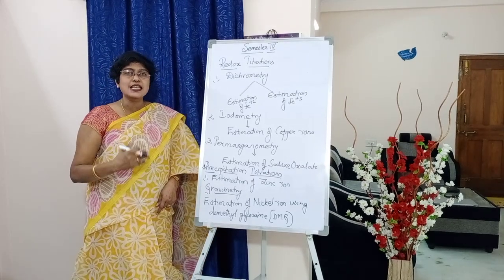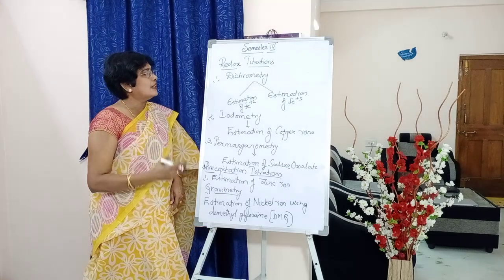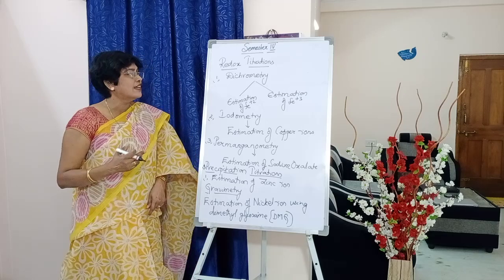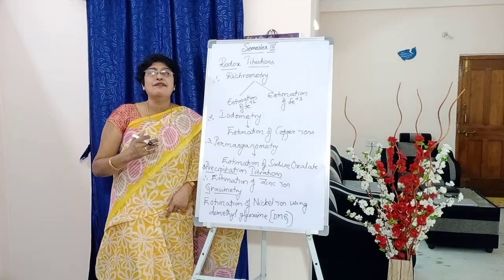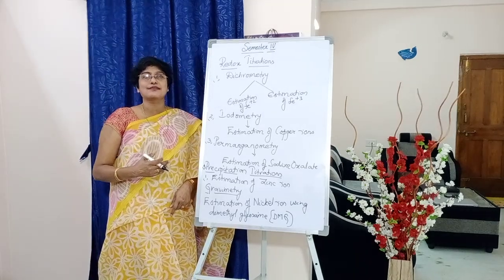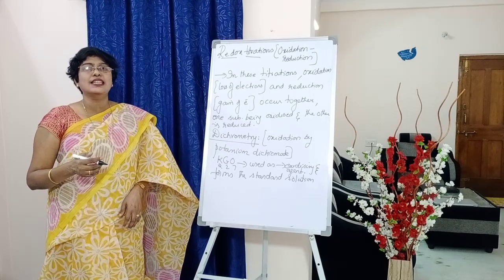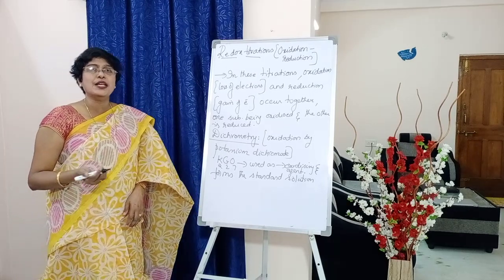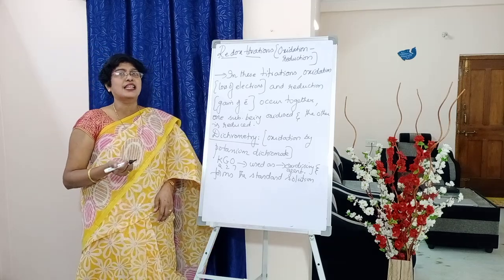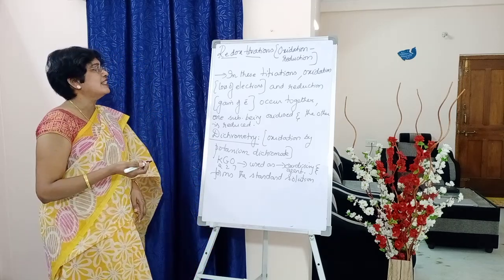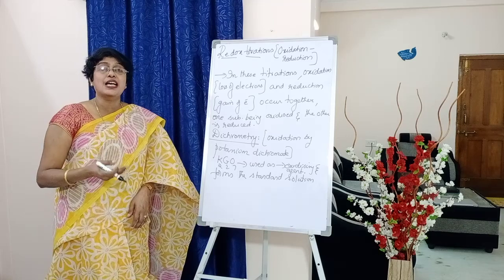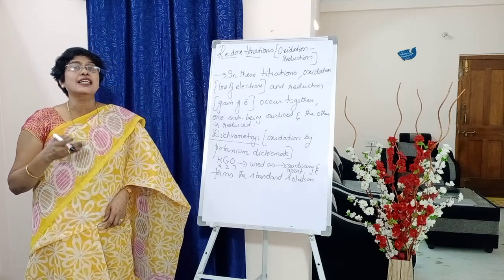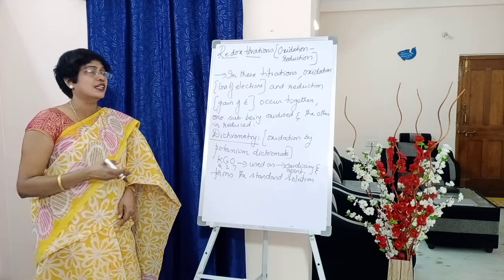In this class, we are going to learn the first dichrometric titration under redox titrations, that is estimation of ferrous ions. A short introduction about redox titrations, which can also be called oxidation reduction reactions or titrations. In these, we observe that oxidation and reduction both occur together.